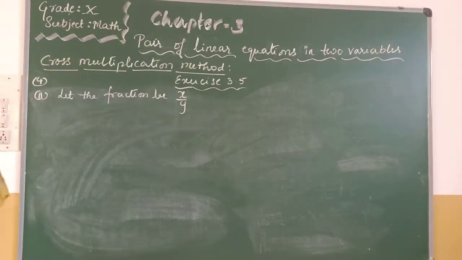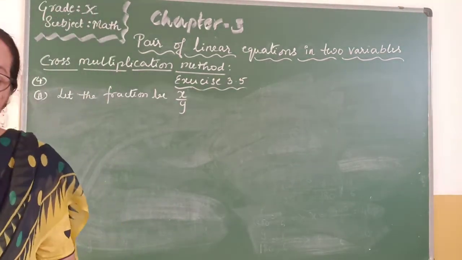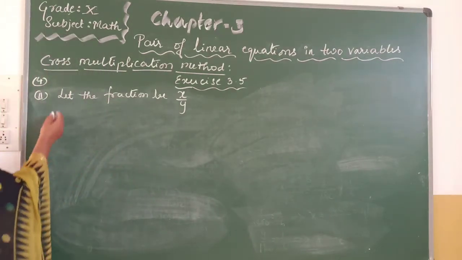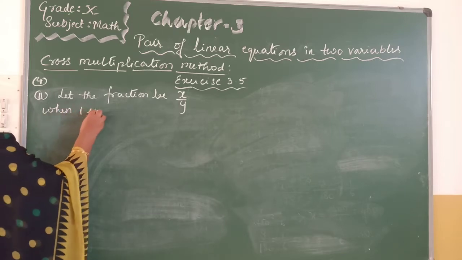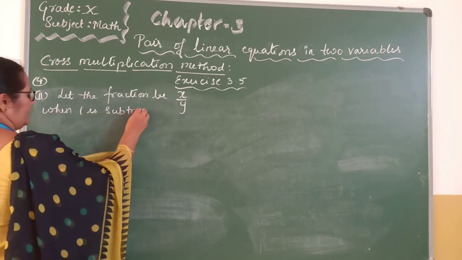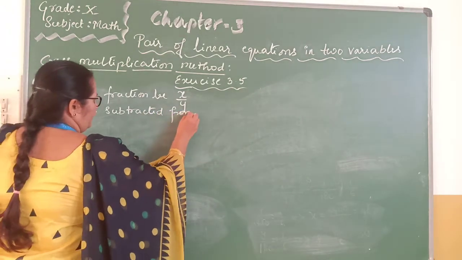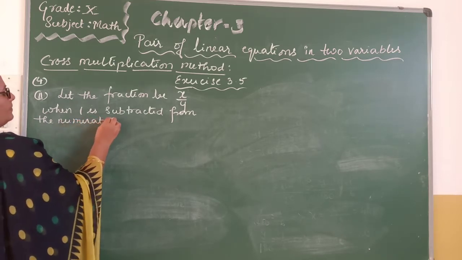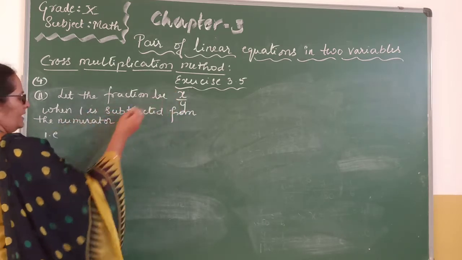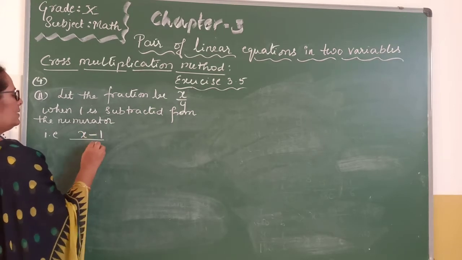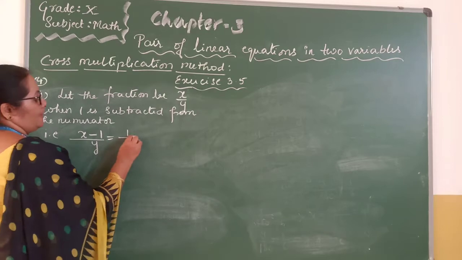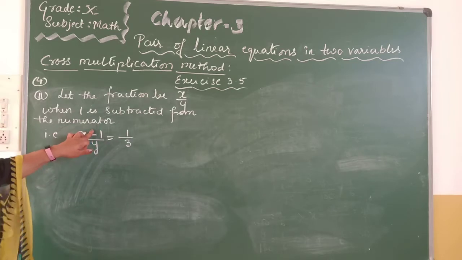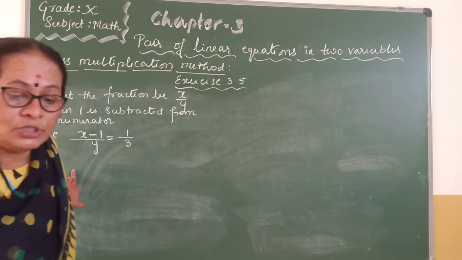Now, the first condition: a fraction becomes 1 by 3 when 1 is subtracted from the numerator. So, when 1 is subtracted from the numerator, what is the numerator here? x minus 1 by y equals 1 by 3.